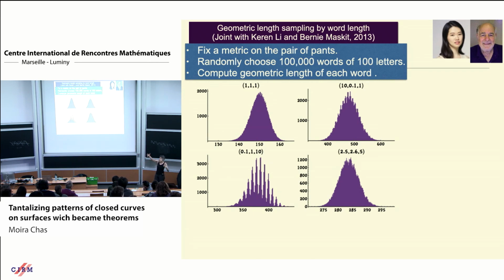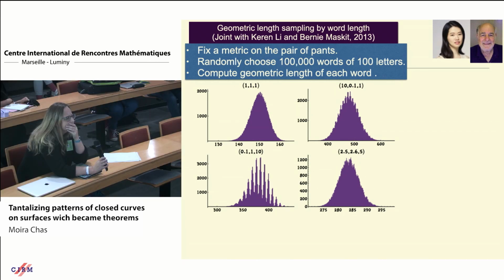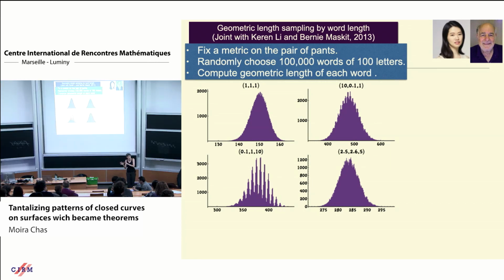For the part on self-intersection, I should have said, a grad student, I have jointly with Dennis Sullivan, he did prove that the same theorem, that the distribution of self-intersection, sampling by word length, is a Gaussian, also works with closed surfaces.